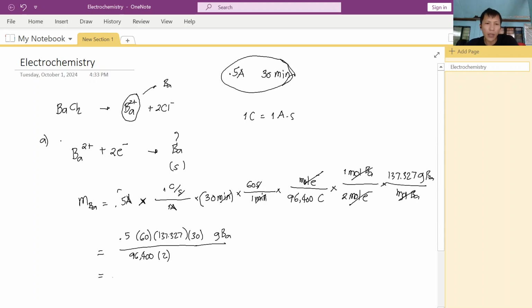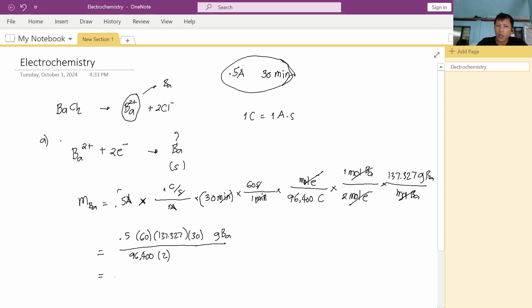May I check with my calculator? Of course, 96,400. I think your Faraday's constant F is constant 22 on the calculator. Anyway, we can just plug it. Shift, constant 22. Your F is 96,485.